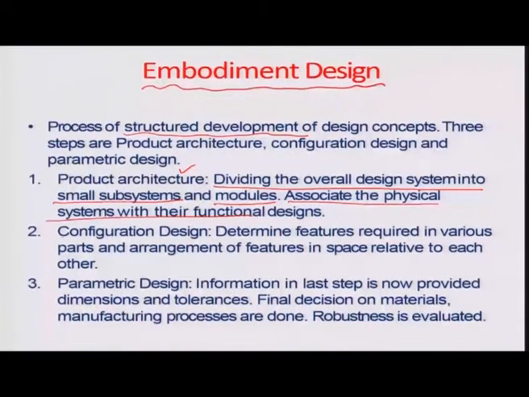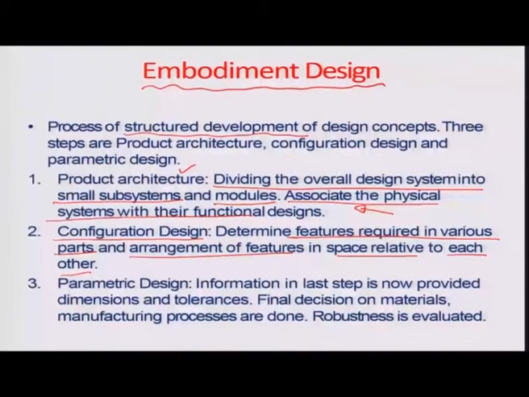But when we talk about a little more detailed configuration design, what we determine here is the features required in various parts which have been figured out in the last step, and the arrangement of the features in space relative to each other, so that you can think about the assembly working in unison.